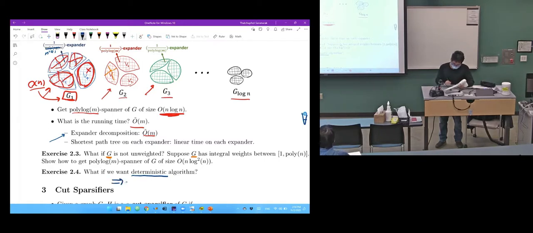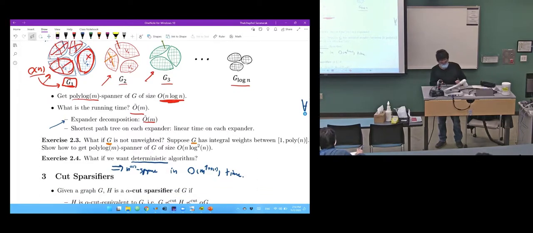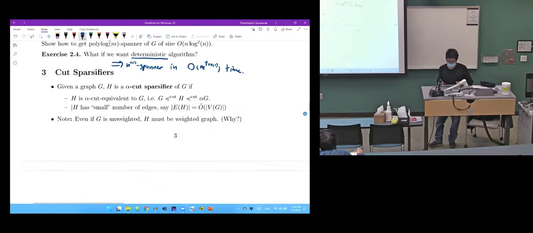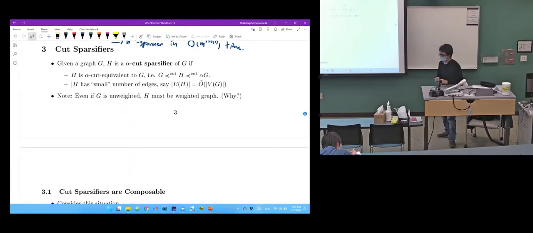Then you are going to get a little-o(1) spanner in this time. Okay, that is just a simple algorithm.